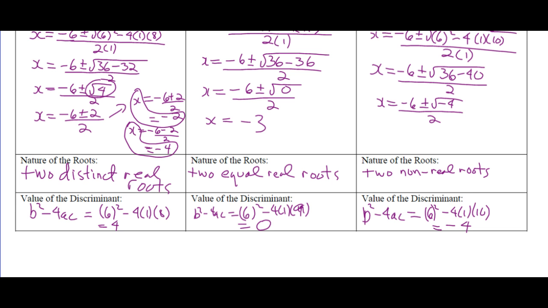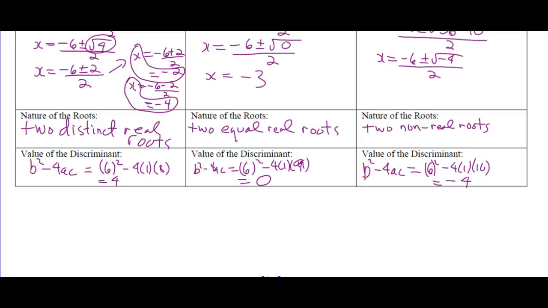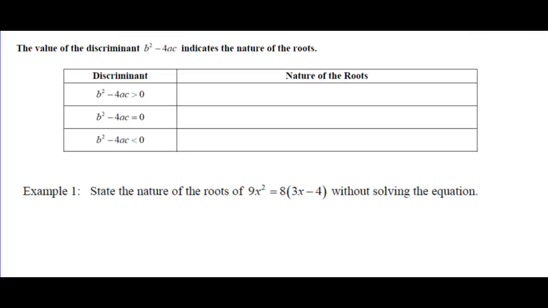All right, what's next? We good? So the value of the discriminant indicates the nature of the roots. If b squared minus 4ac is greater than 0, what do we have? 2 distinct, 2 different, 2 distinct real roots.